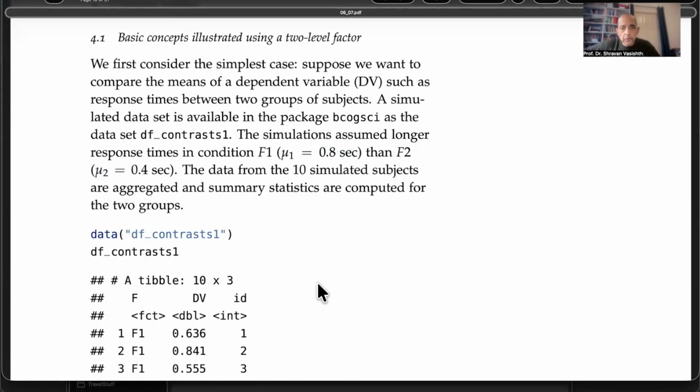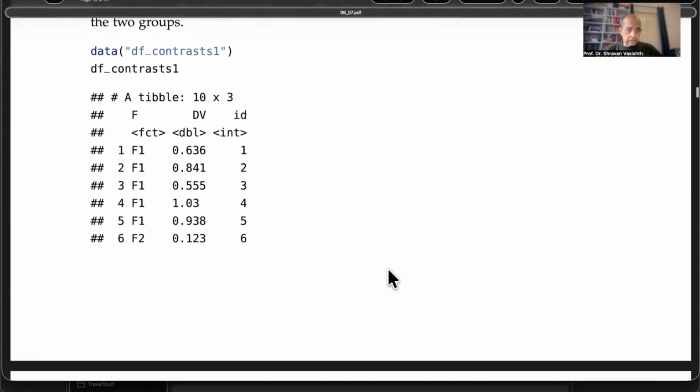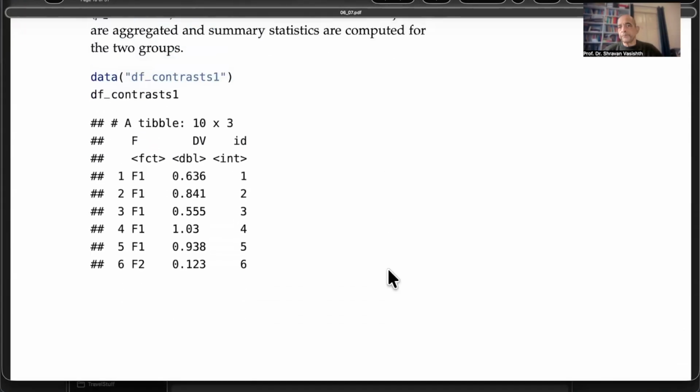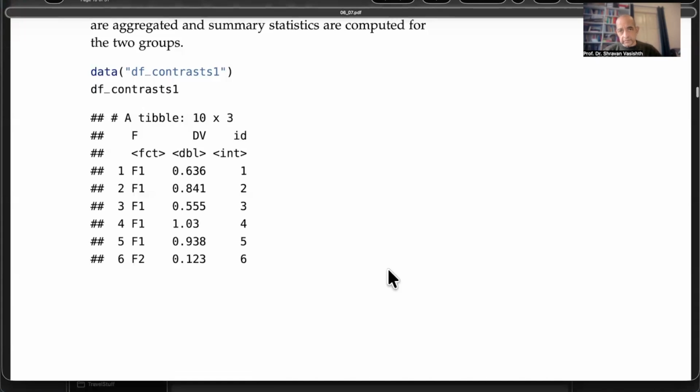In a typical data analysis situation, when we have such a factorial design, what we typically want to know is whether the difference between the two condition means is theoretically important or not. Okay, so that's the main goal usually. Whether you do a hypothesis test or whether you're just estimating the difference, in both cases you would still need to figure out the difference in the estimated means.